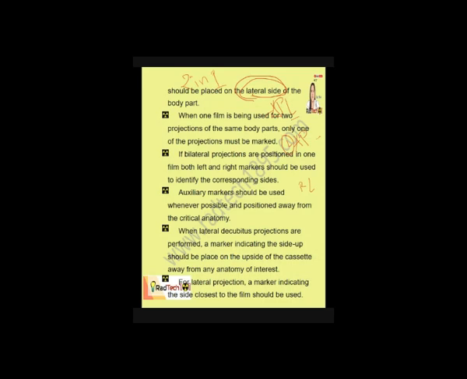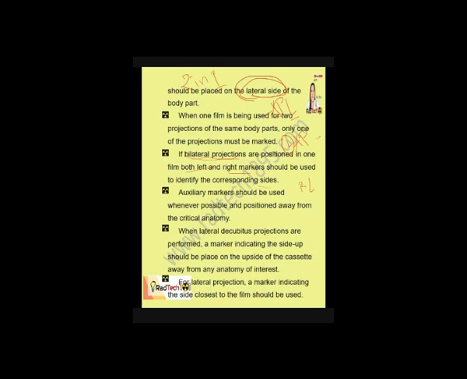Auxiliary marker should be, if bilateral projection, pag sinabing bilateral, both sides. Halimbawa, left and right. So, if bilateral projections are positioned in one film, both left and right markers should be used to identify the corresponding sides.